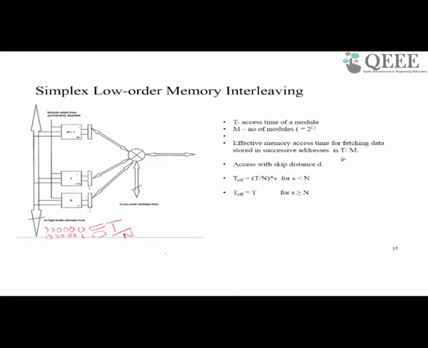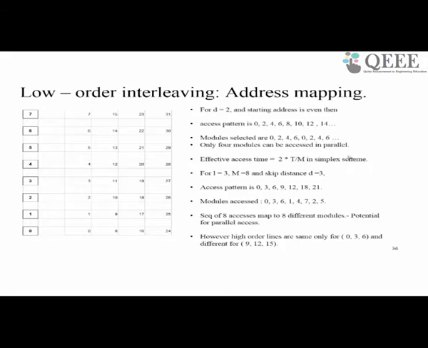This is true when we are reading locations which are successive in nature. Many times we have to read locations which are not just successive. We want to read data at locations which are at a constant distance from each other, that is locations 0, 2, 4, 6 or 0, 3, 6, 9 or 0, 10, 20, 30 and so on.